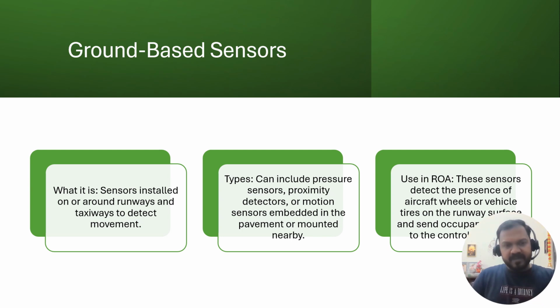Then ground based sensors. These sensors are installed on or around the runway or taxiway to detect movement. Basically, these can include presence sensors, proximity detectors, and motion sensors embedded in the pavement or mounted nearby.